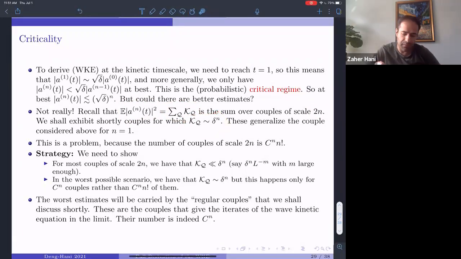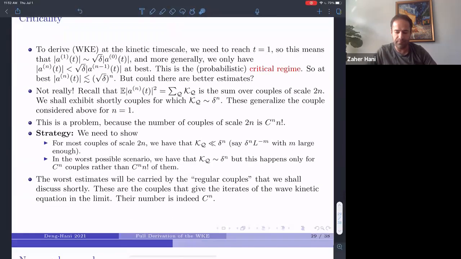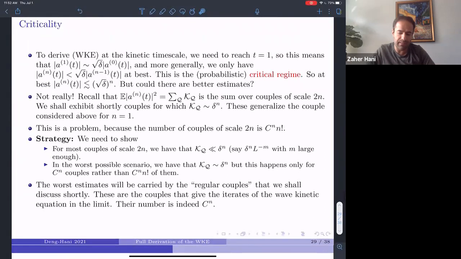So this estimate over here is really essentially a sharp estimate, okay? And this exactly generalizes the n equals 1 computation that we did over here, which gave us delta t. So here we would get delta t to that.